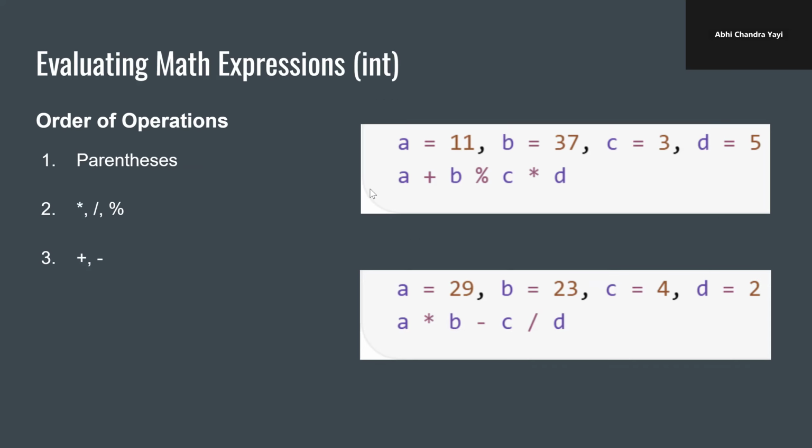Similarly, for the second example, can anyone tell me what the output is going to be? Yes, that's right. So first we perform the multiplication and division, and then after we compute those values, we perform the subtraction, and at the end we get 665.